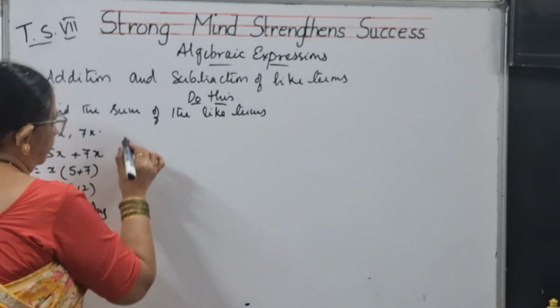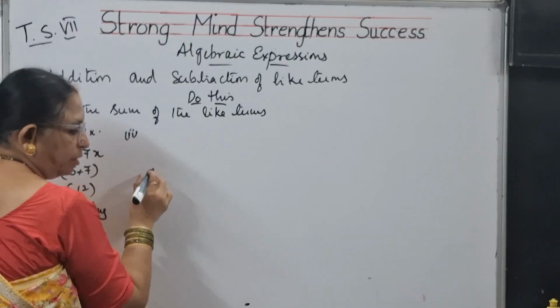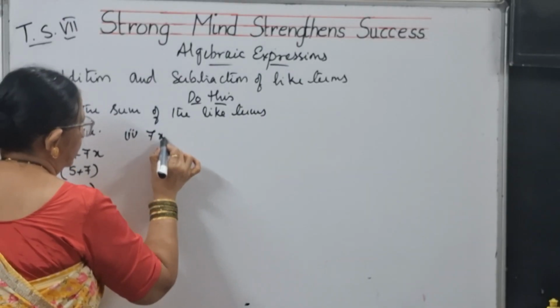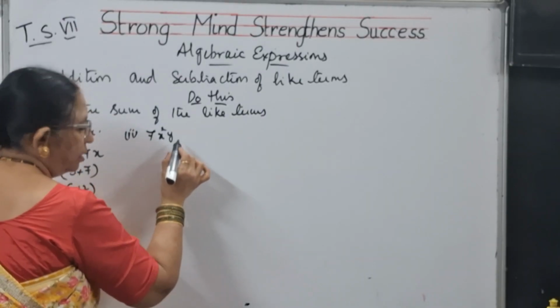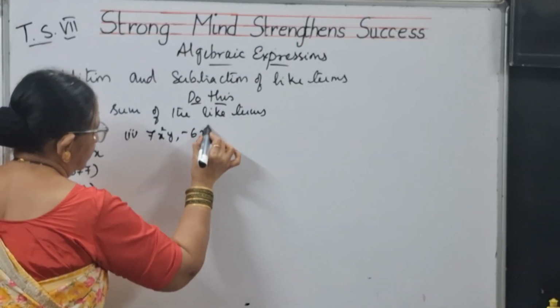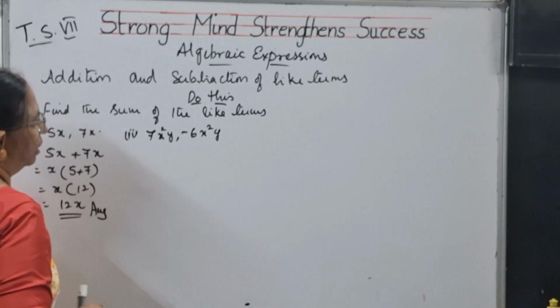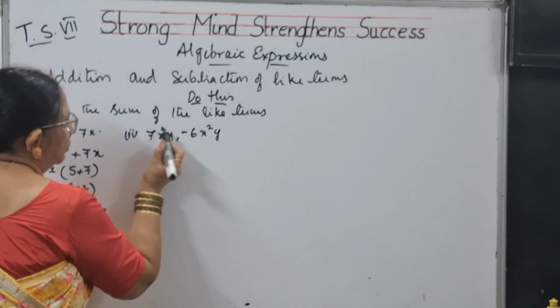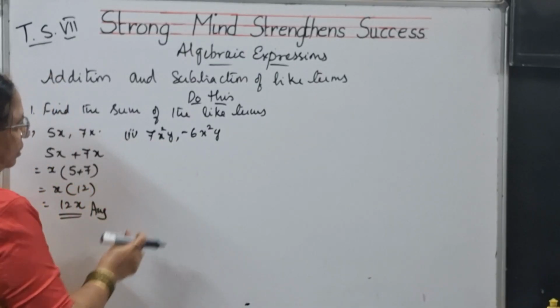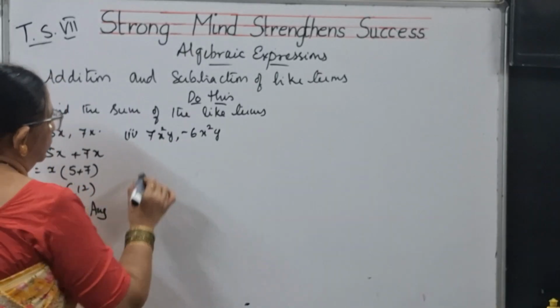This is the first bit. And the second bit, 7x square y minus 6x square y. See, both of them have x and y, and x has power 2 here, here also 2. So these two are like terms, so you need to add.